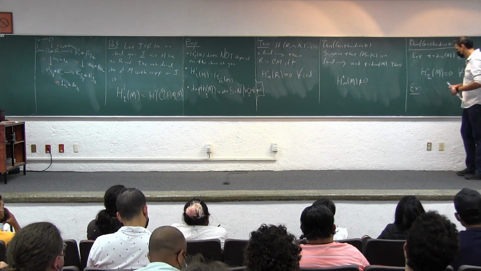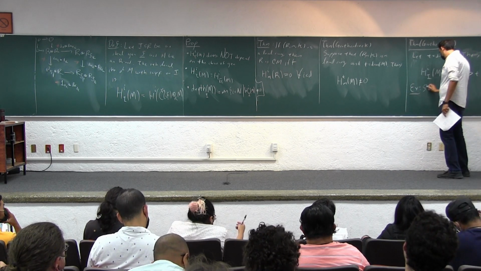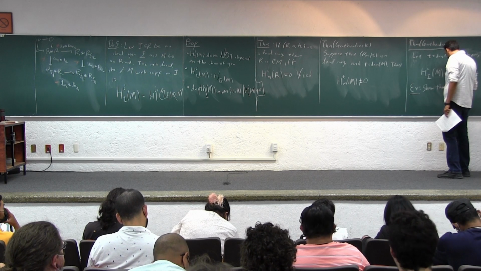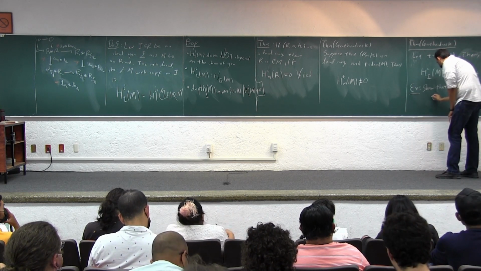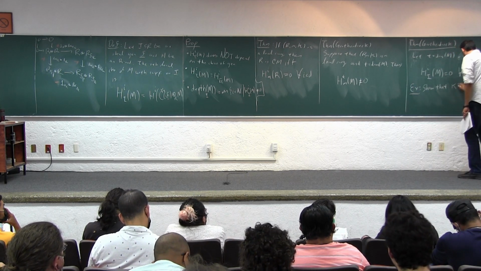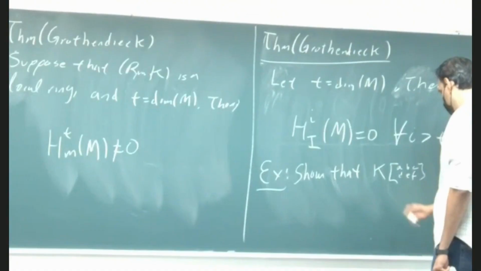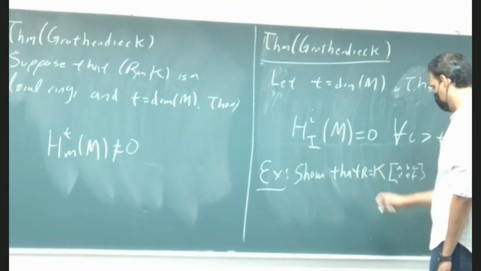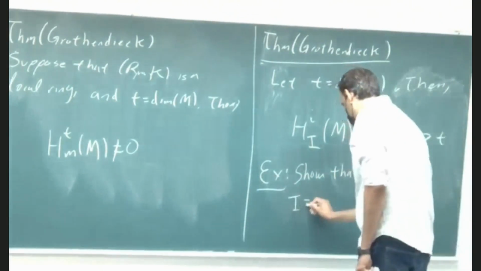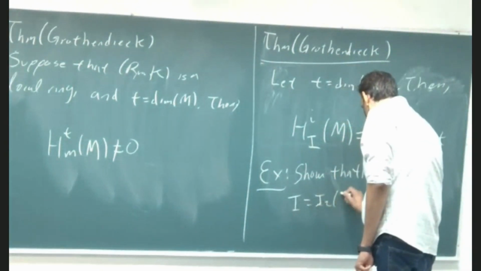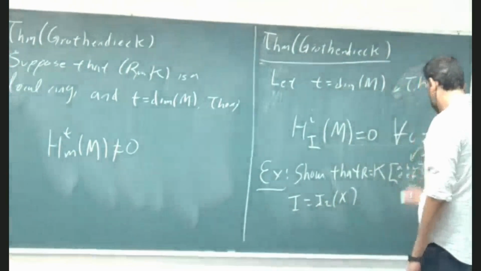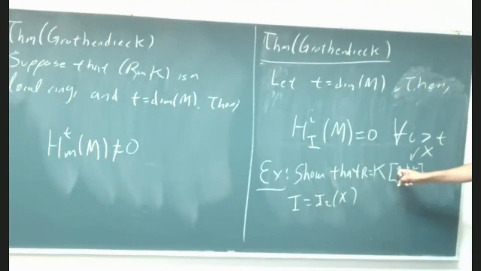So here is an exercise. You take a matrix, let's say a, b, c, d, e, f. This is for a ring. Take the ideal of the 2 by 2 minors of this matrix, and you call this I. So a times e minus b times d, and so on.